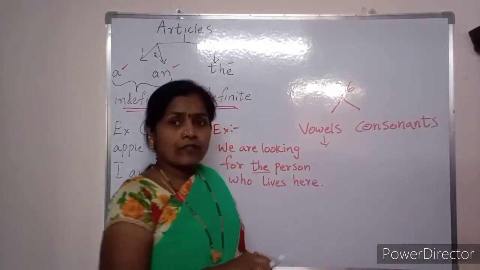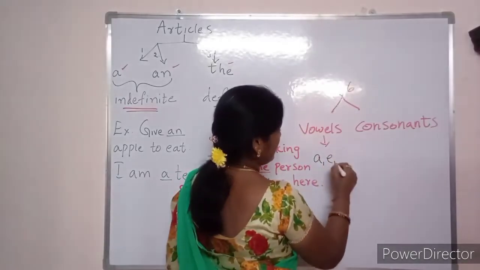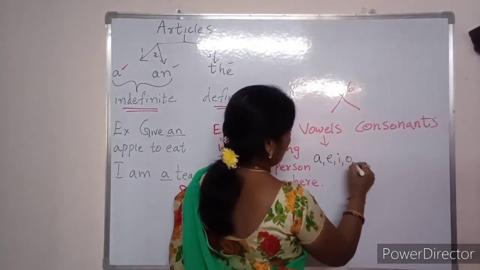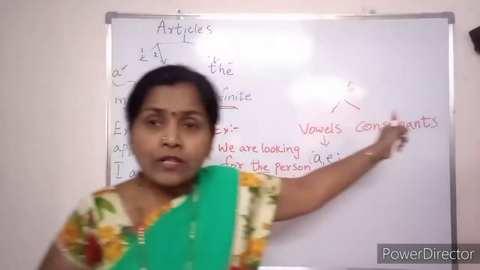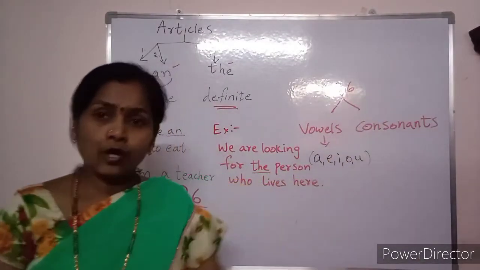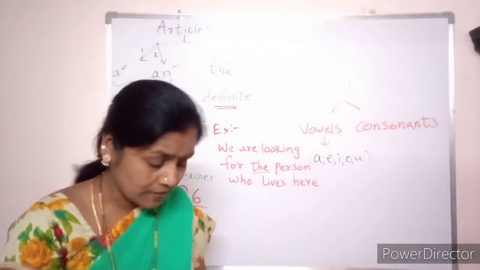So what are these vowels? Vowels are A, E, I, O, U. These are the vowels. The rest of the letters are called consonants.